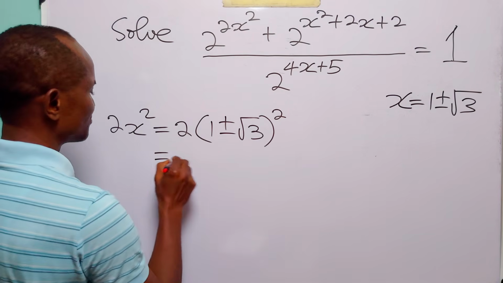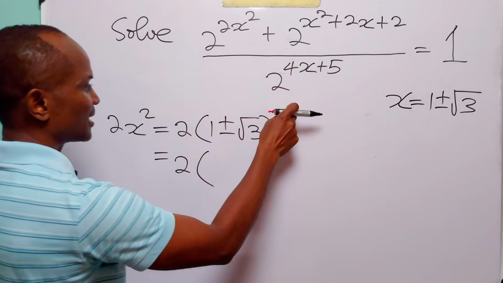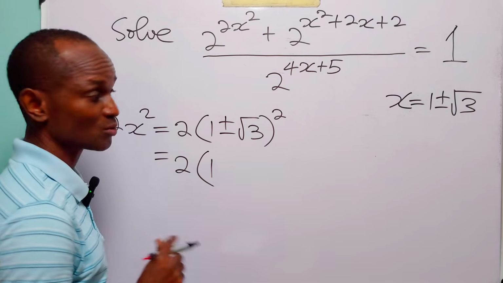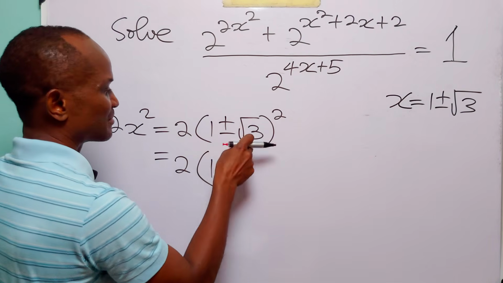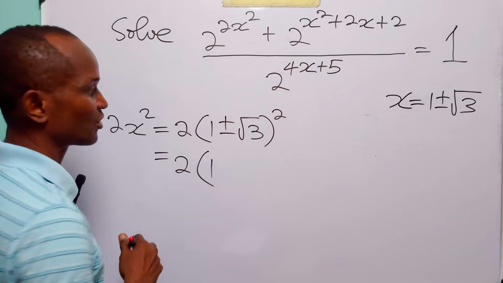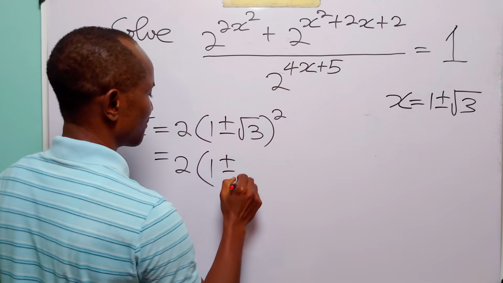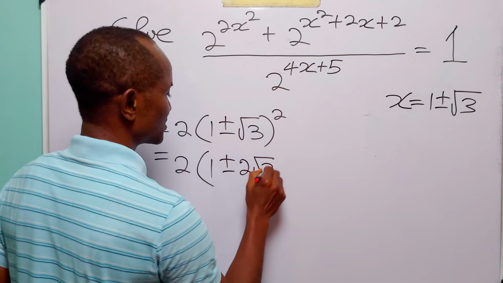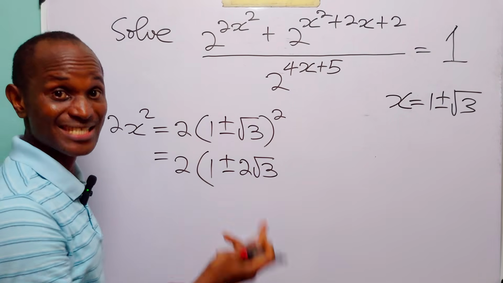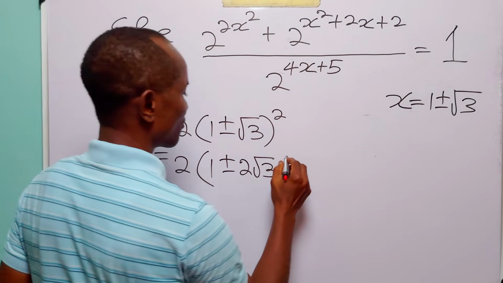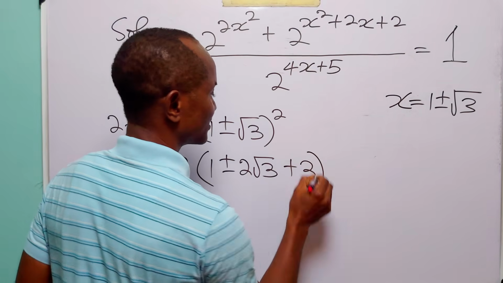Now, when we open this bracket, we have 1 squared, which of course is equal to 1. Then we have 2 times 1 times plus or minus root 3, which of course is equal to plus or minus 2 root 3. And then we have plus or minus root 3 squared, which of course is equal to plus 3.